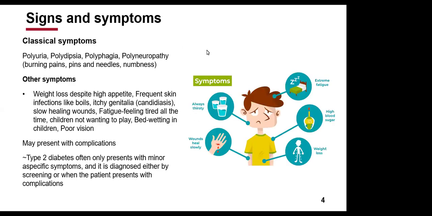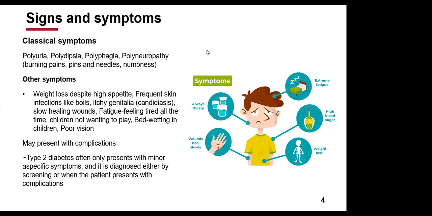In terms of the signs and symptoms, we have polyuria, the classic. There used to be 3 classic symptoms, but according to the Ugandan clinical guidelines, a fourth one was added. We have frequent urination, that is polyuria.